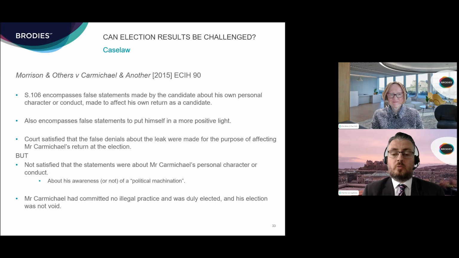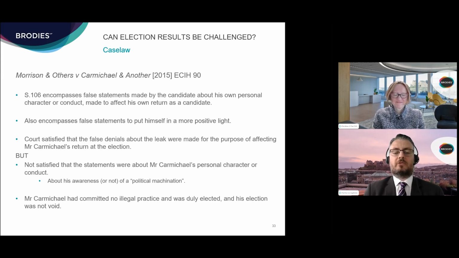But the court was not satisfied that the statements were about Mr. Carmichael's personal character or conduct. They said that it was about his awareness or otherwise of what the court called a political machination, rather than anything personal to him. Yeah, they did refer to, I think the phrase was a basic and straightforward lie or something like that, rather than something about his conduct.